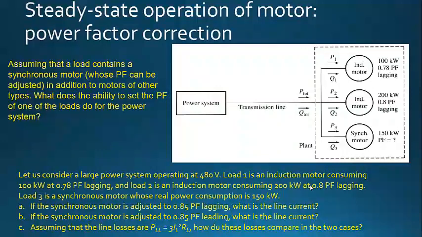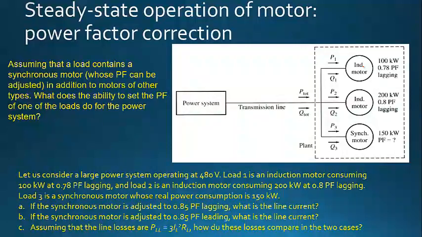The second load is an induction motor, once again consuming 200 kilowatts at a power factor of 0.8 lagging. The third load is a synchronous motor whose real power consumption is 150 kilowatts. This is the power network that we have here, with the various loads connected to it, and each load and its ratings.